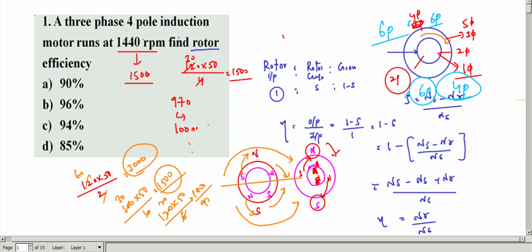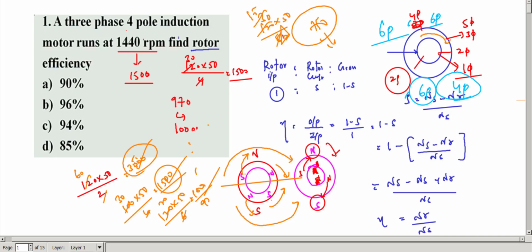Less than 3000 rpm. Okay, so you don't calculate here directly. For 1440, the nearest synchronous speed is 1500. You have to remember: two poles you have a synchronous speed of 3000 rpm, 4 poles you have 1500 rpm, 6 poles you have 1000 rpm. For 8 poles, 120 into 50 by 8, so 750 rpm. Okay, so you have to do like this.